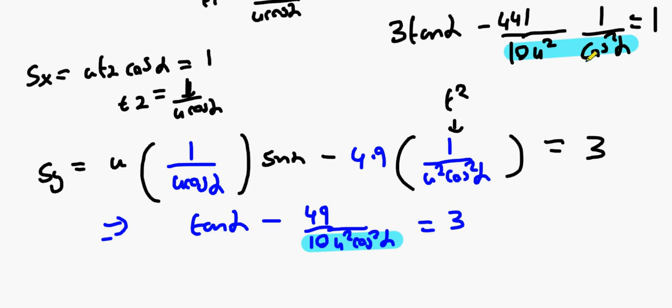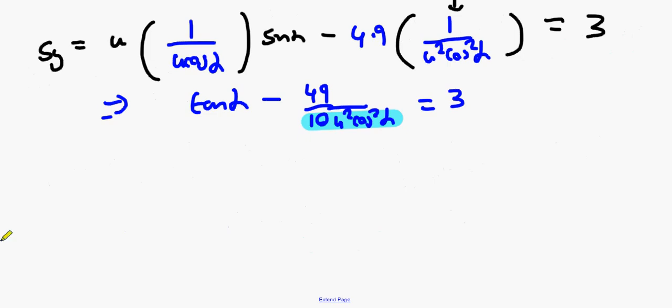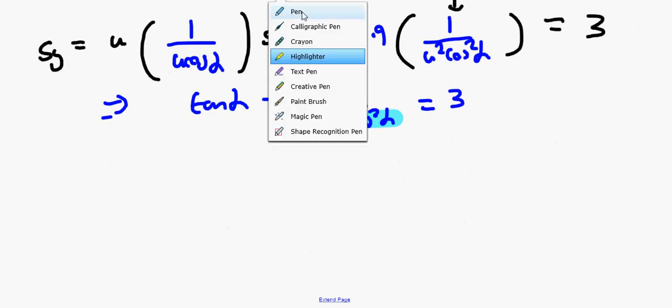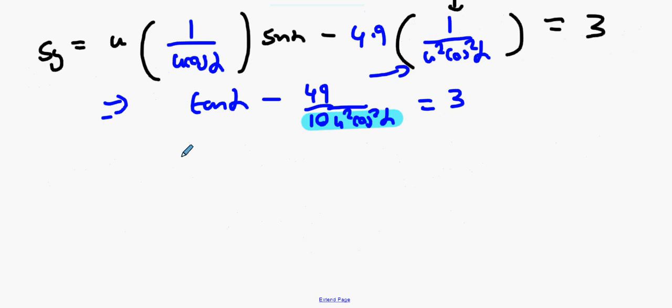And then I can trade them both for each other, put them equal to each other and just get rid of the 10 u squared cos squared alpha. Just gone outright. Okay, so let's try that out. First thing I'm going to do is move that 49 over 10 u squared cos squared alpha over to the right side.